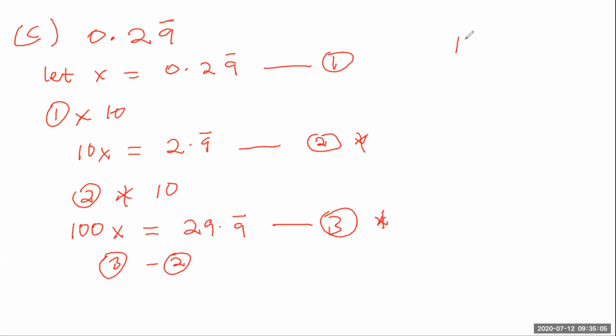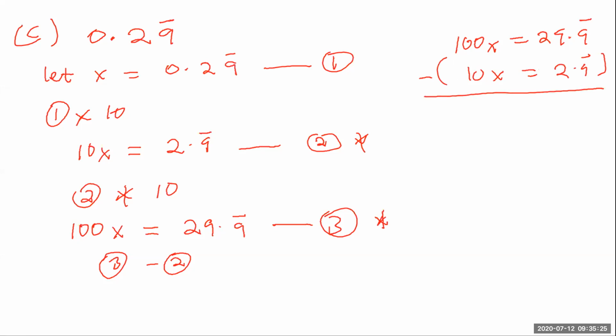So we have 100x being equal to 29.9 repeating, minus 10x is equal to 2.9 repeating. Now we subtract these 2 and we have what? 90x being equal to 27.